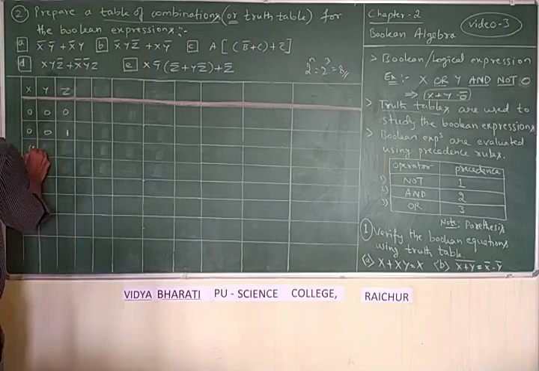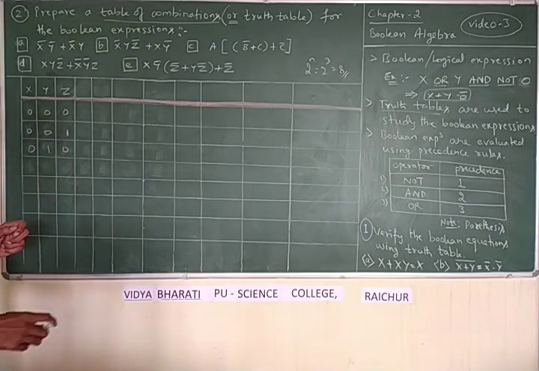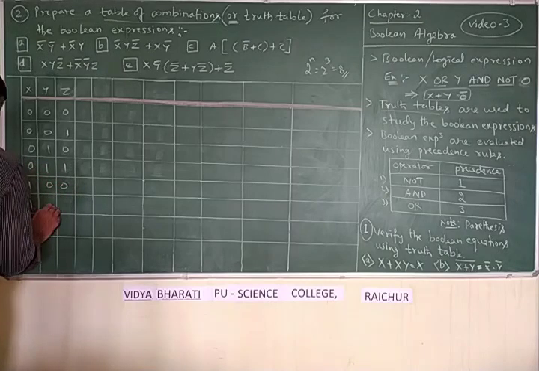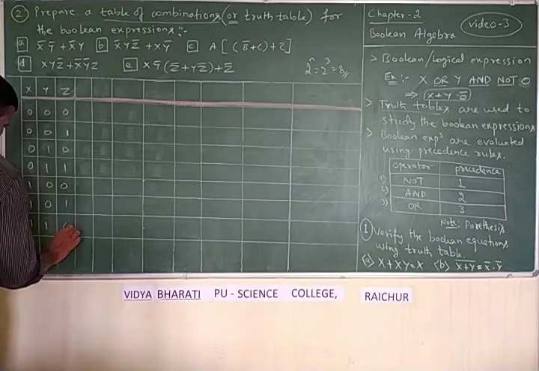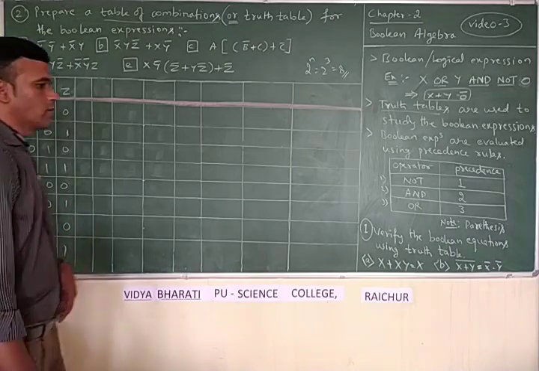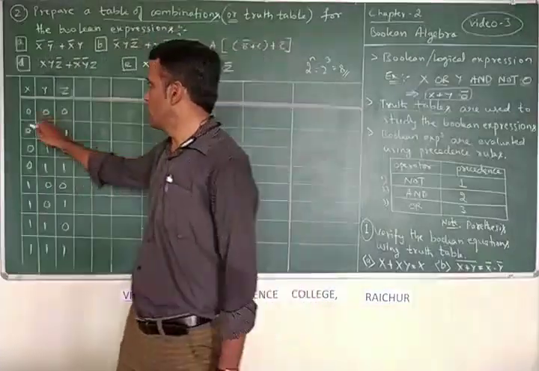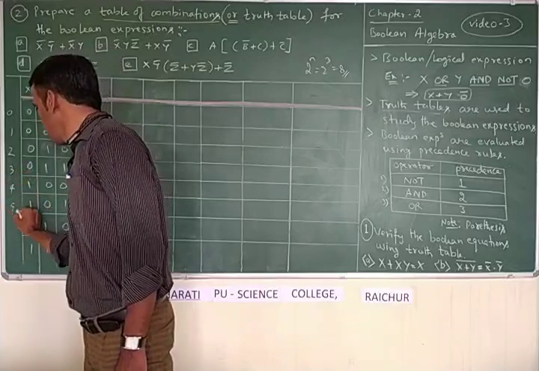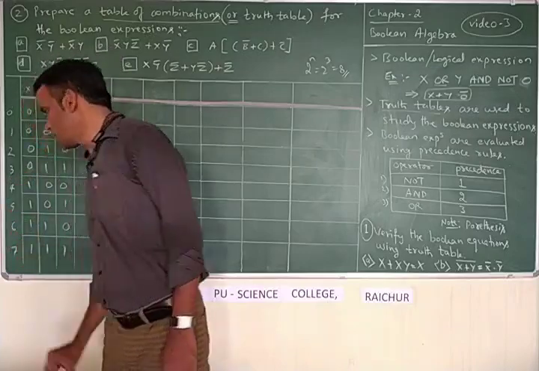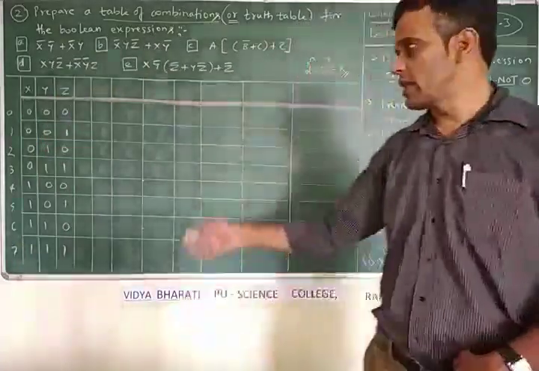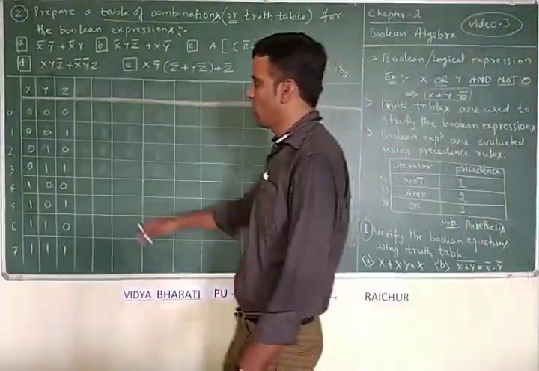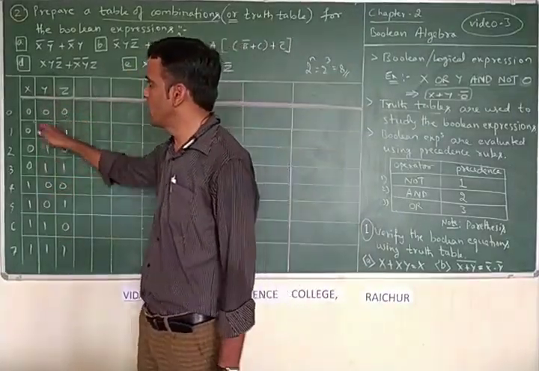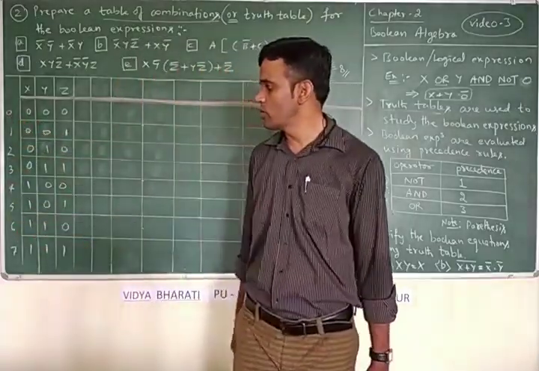Then the binary equivalent of decimal value 2. Likewise you continue: 011, 100, 101, 110, 111. So it is nothing but decimal values 0, 1, 2, 3, 4, 5, 6, 7. As I told you, traditionally we follow this order, which is writing the binary combinations in increasing order of their decimal equivalents, 0 to 7.